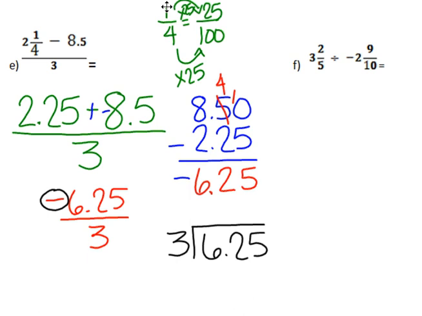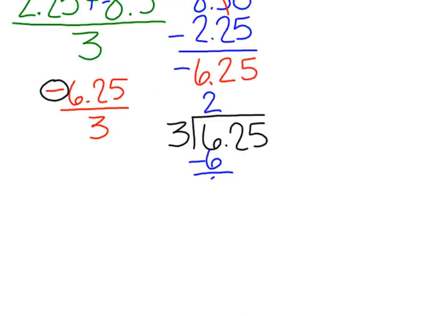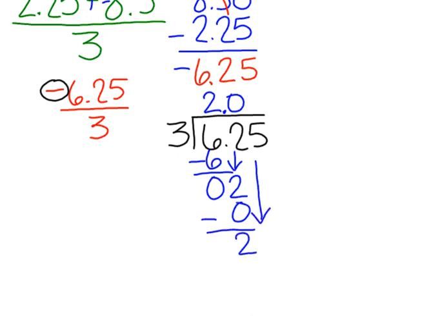All right, 3 can go into 6 twice. 2 times 3 is 6, so subtract. Bring down the next digit. 3 goes into 2 0 times, and my decimals are going to line up. Bring down the next digit. 3 goes into 25 8 times.